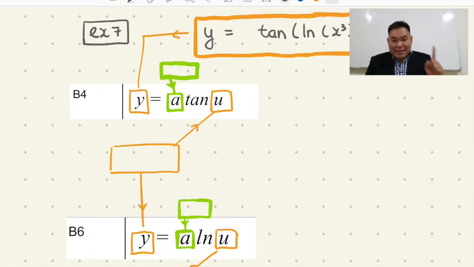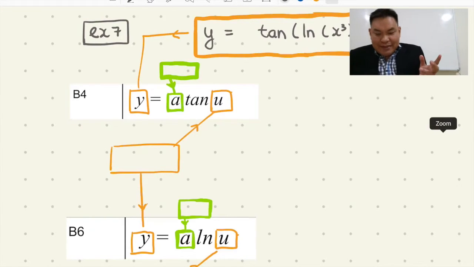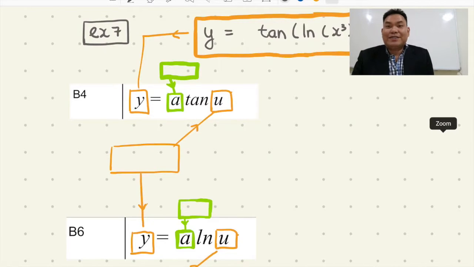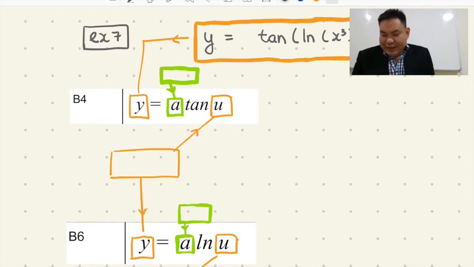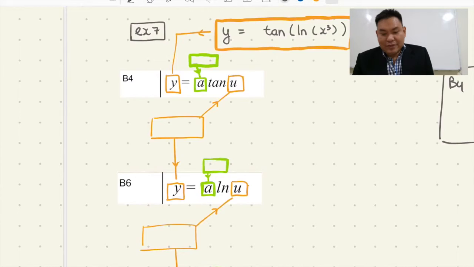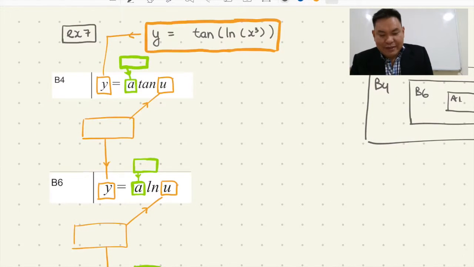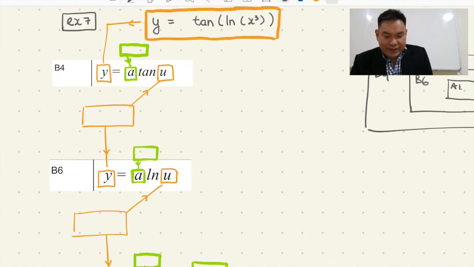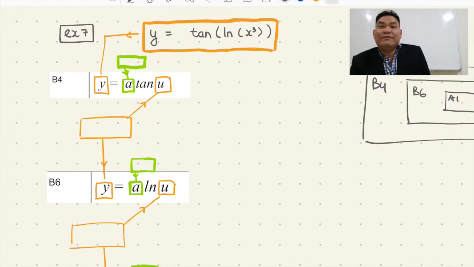Next one, example 7. y equals tangent of ln x cubed. To solve this question, we are going to use 3 formulas, and I think at this stage you know which formula to use.